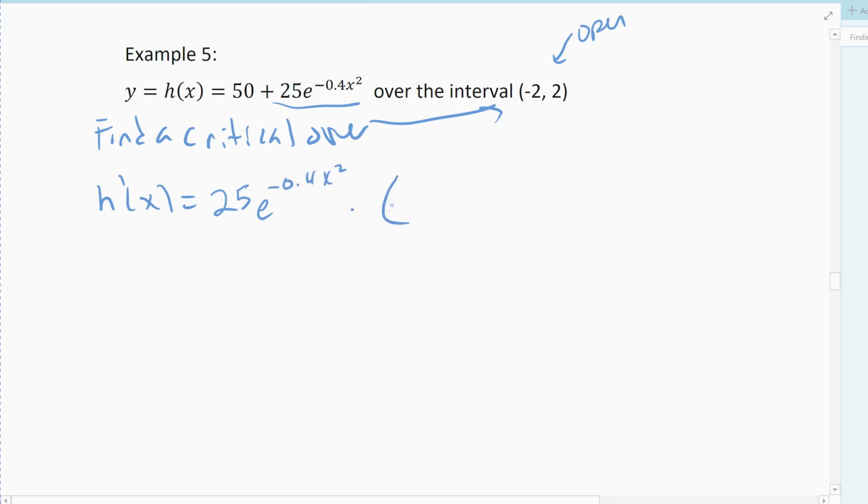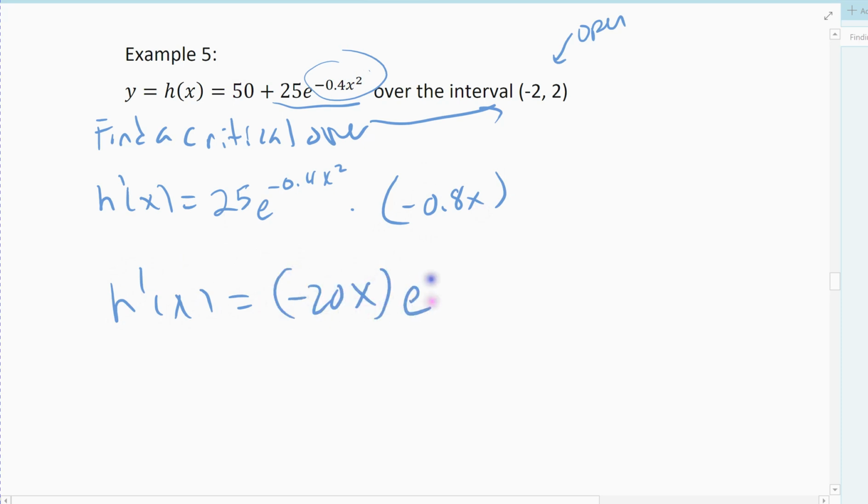But then it's very important, key, that you don't forget the second half of this. The derivative of the inside, which is 2 times my -4, so I get -0.8x to the first. And then I will simplify that by multiplying my 25 and my -0.8 to give me -20x times the e term.